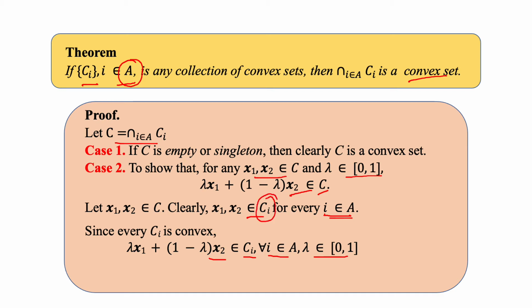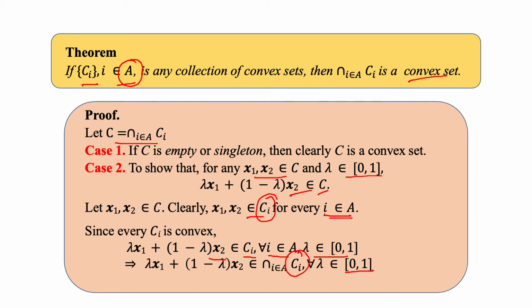That means the line segment joining x1 and x2 lies within the set Ci for every i, so it should also lie in the intersection of the Ci's, because it belongs to every Ci. Hence lambda x1 plus (1 minus lambda) x2 belongs to the intersection of all Ci for all lambda in the range 0 to 1.